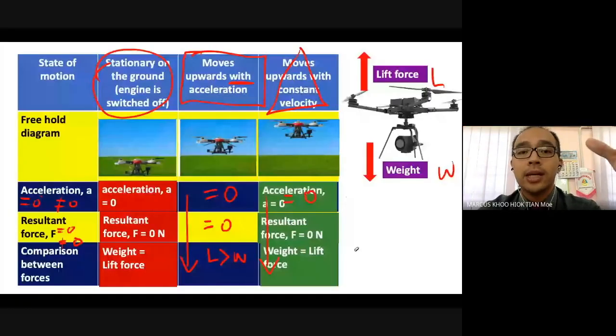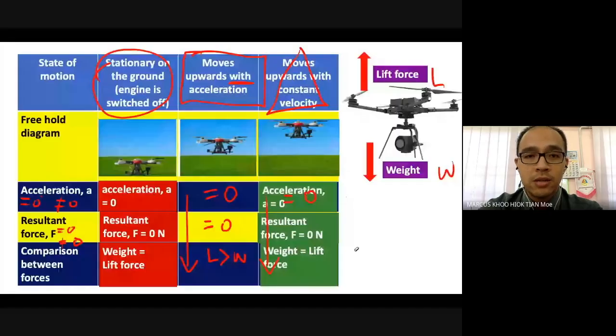which brings us now to Shim's answer. Shim said that the acceleration equals to 0. Actually, the acceleration is not equal to 0. There must be acceleration, because it already says with acceleration. So the acceleration is not equal to 0. There must be an acceleration.